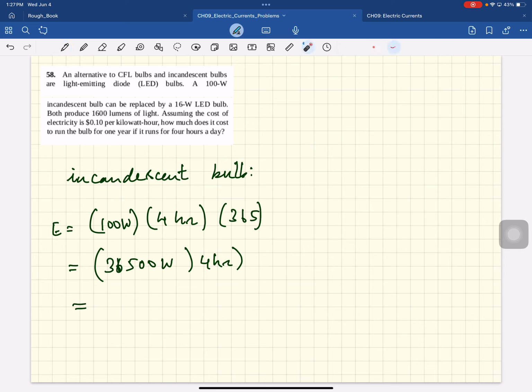A kilowatt hour, this is 36.5 kilowatts. So this is 36.5 kilowatts times 4 hours. So it's 36.5 times 4 kilowatt hour.